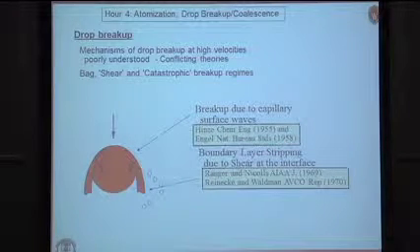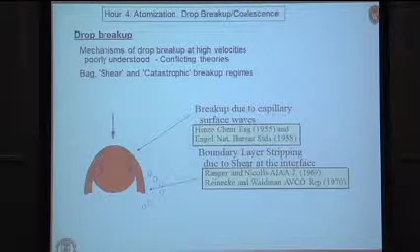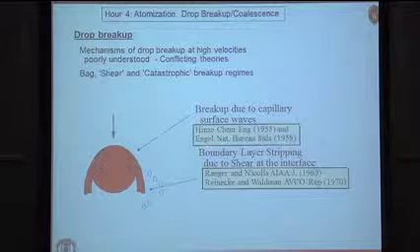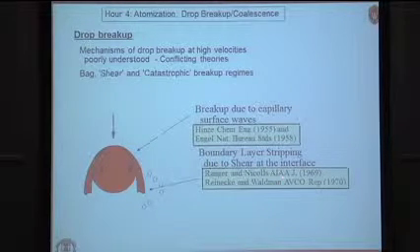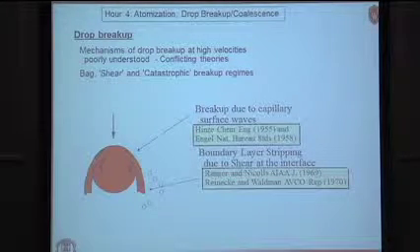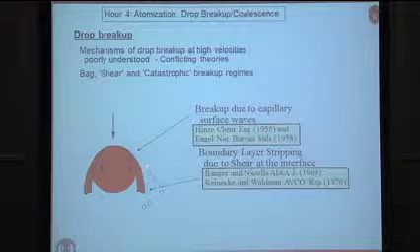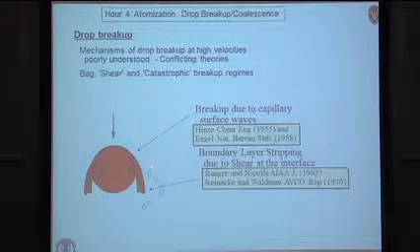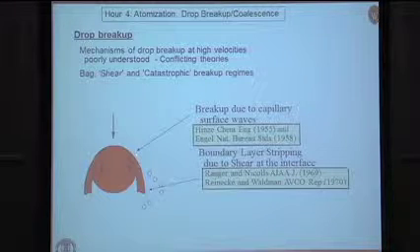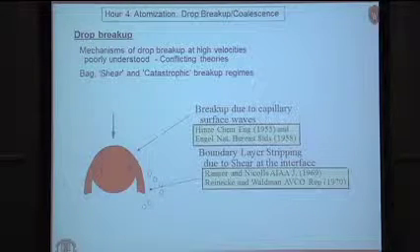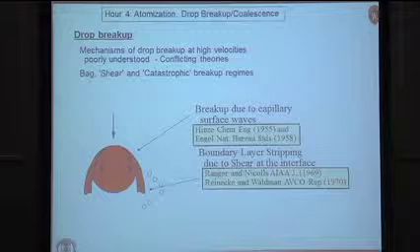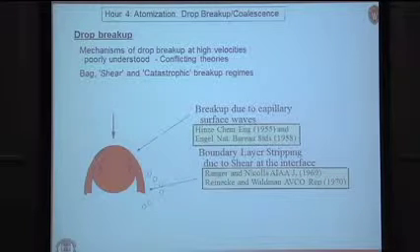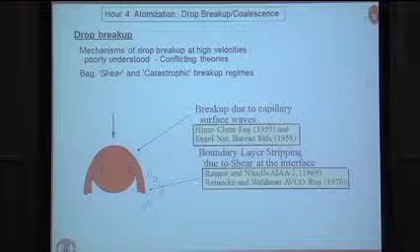Then in the 60s, during the era of rocket simulations, there was a lot of work done, especially at Michigan, where they argued that the breakup was due to what's called boundary layer stripping. The argument is that you have a boundary layer that develops due to viscosity effects on the gas that leads to essentially momentum transfer between the gas and the liquid, and that leads to breakup.